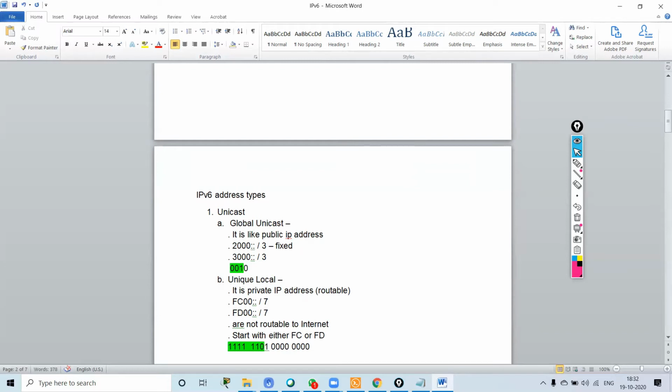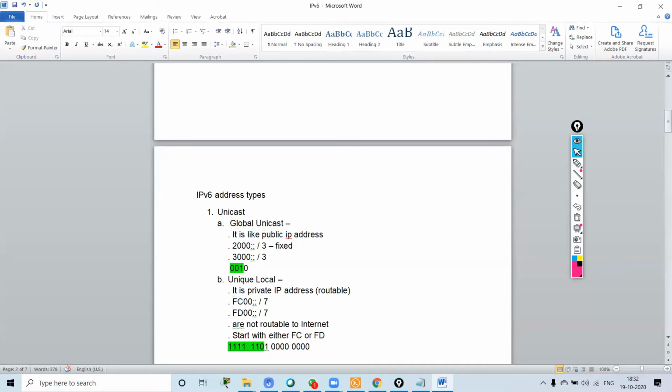Unique local is like your private IP address, which is routable and which will always start with FC or FD. The first 2 numbers will be always FC and FD. The rest of the numbers can be changed.